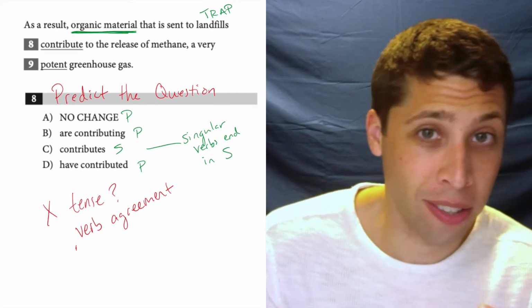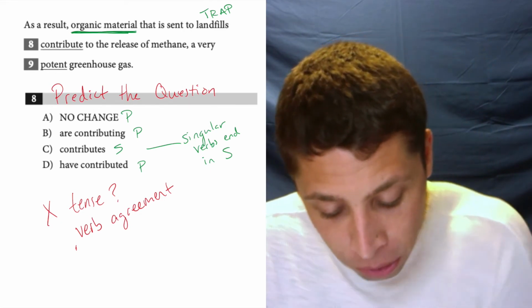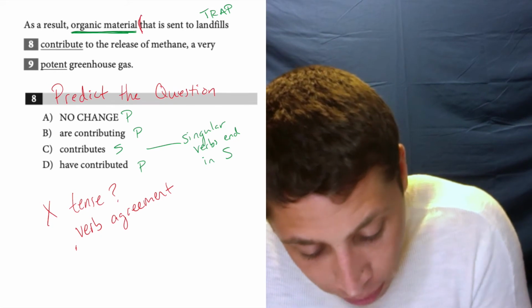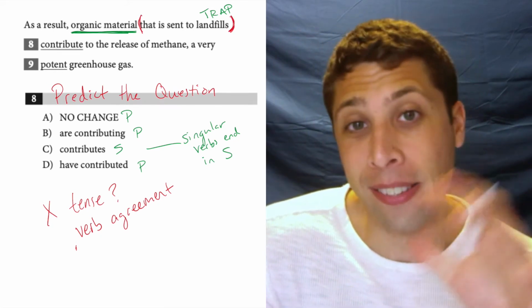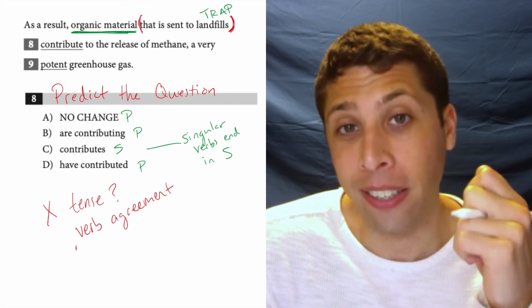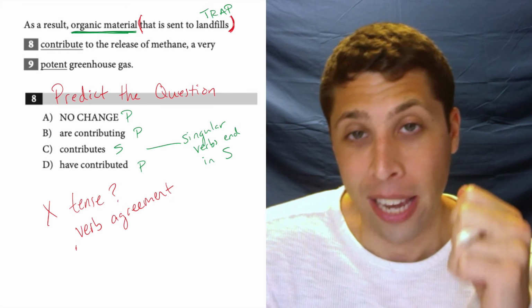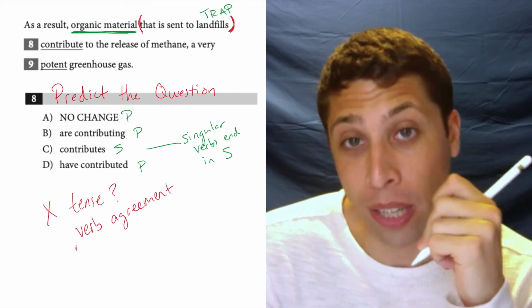Notice how the sentence is structured. That is sent to landfill is almost like a little extra information that we could put in parentheses if we wanted to. It's descriptive, but it's not grammatically relevant. It tells us more about the thing that we're actually talking about, which is organic material.